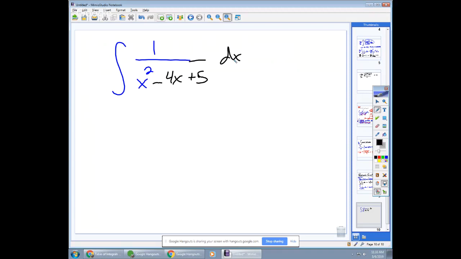There's a couple of different ways to attack this one. One way is to consider that denominator as a parabola. This is the standard form of a parabola in the denominator, but there's also what's called the vertex form of a parabola, which you get by completing the square.